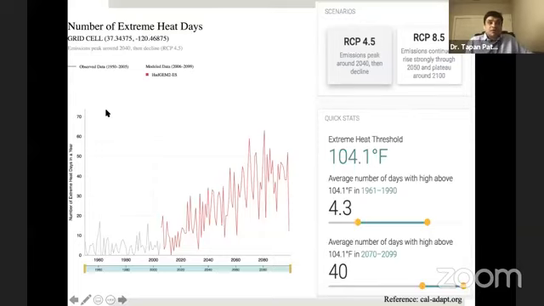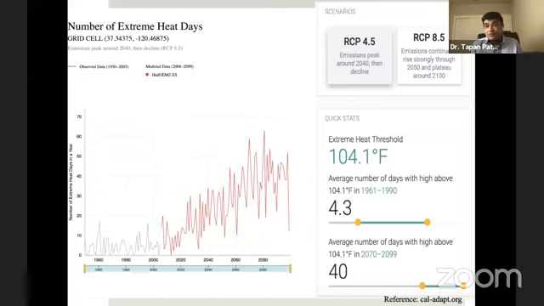Apart from that, another important indicator is extreme heat days. The way this is defined, extreme heat days are the 99th percentile of the time frame you're looking at, and this is just an example of a place where I am, Merced. What it shows is that in historical years, from 1960 to 1990, there are roughly about 4 days where temperature exceeded the 104 degrees threshold for this region.